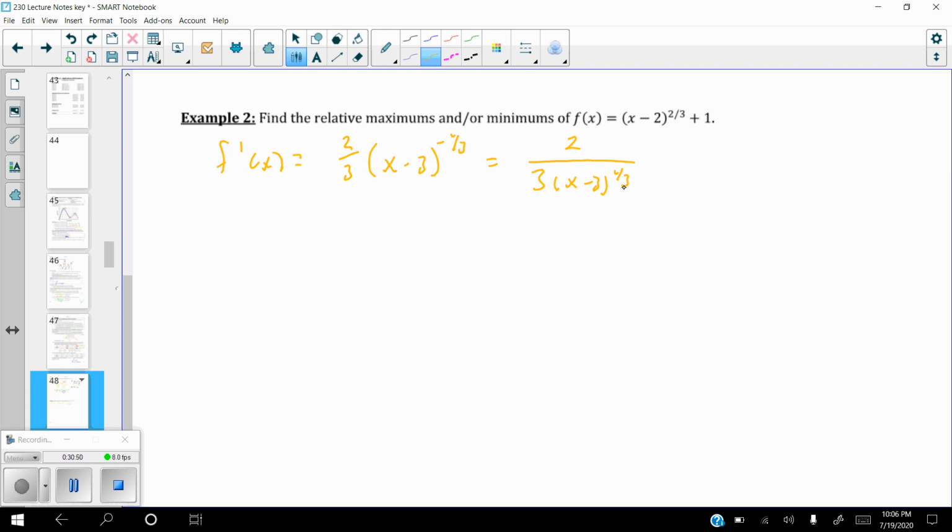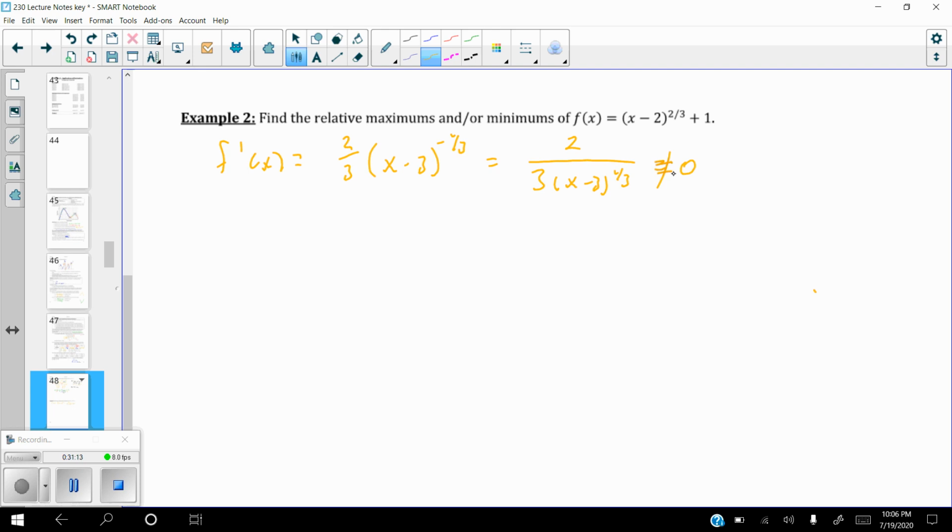All right, so remember that in order for something to have a critical value, it's where this thing equals 0 or where it's undefined. Well, in order for a fraction to equal 0, the numerator must equal 0. There is no way for this fraction to equal 0 since the numerator is 2. There's no variable in the numerator. So this cannot ever equal 0.